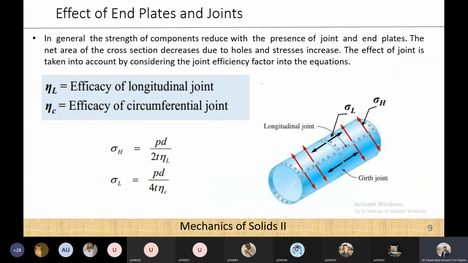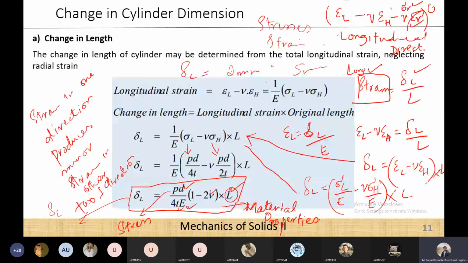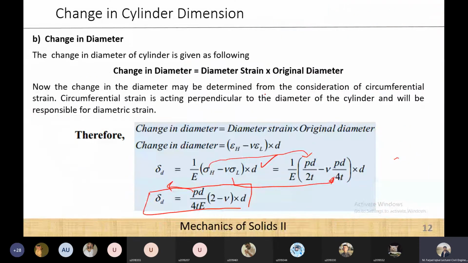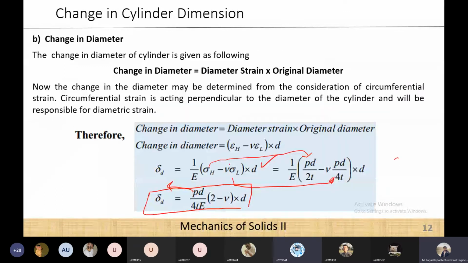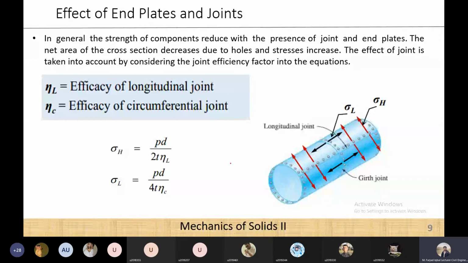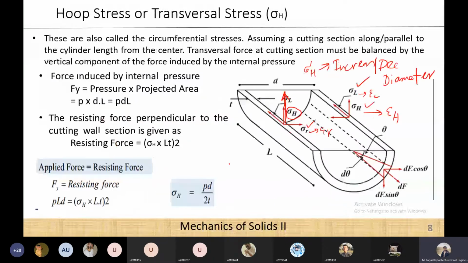And using the correlation between stresses and strains, you can directly calculate the change in diameter or change in length. Now coming back to the third one, can you tell me, is there any question?